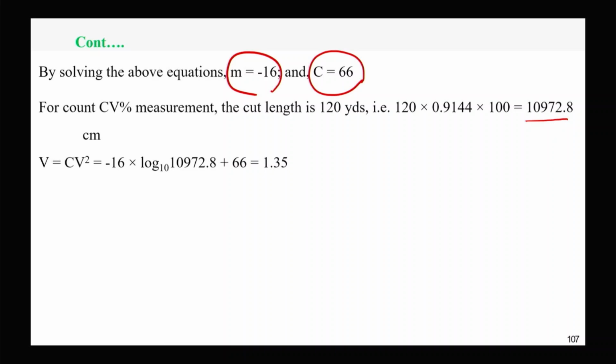From there, variance is calculated as 1.35 and CV percent is the under root of 1.35. What is the under root of 1.35?